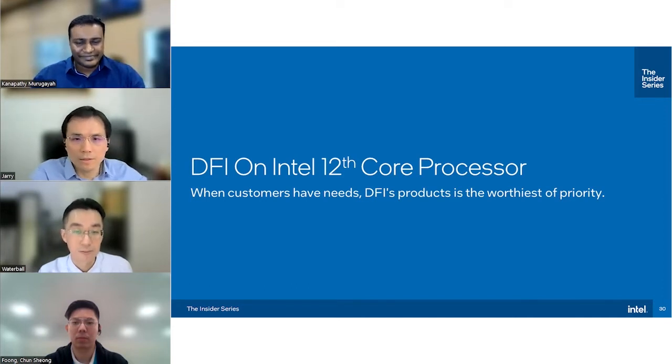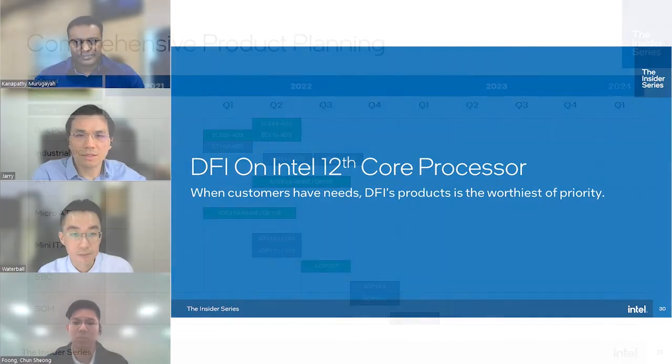Okay. Thank you, Waterball, for the wonderful technical explanation and the live demonstration. No matter how much technology I talk about and how many displays I watched, in the end, I have to return to whether there are products that create value for me. For Intel 12th generation Core processors, DFI has launched a large number of products to meet customer needs.